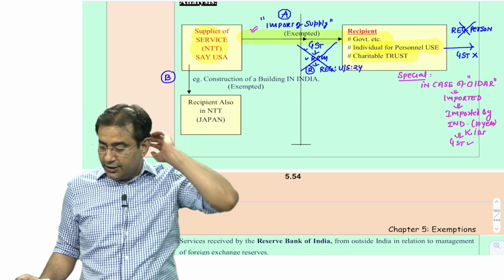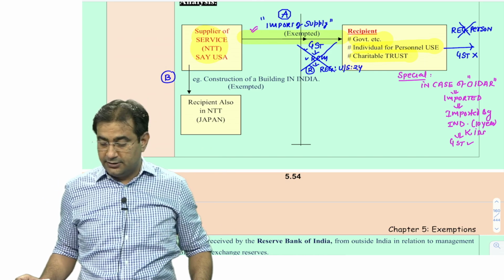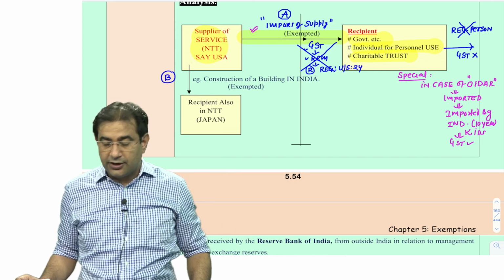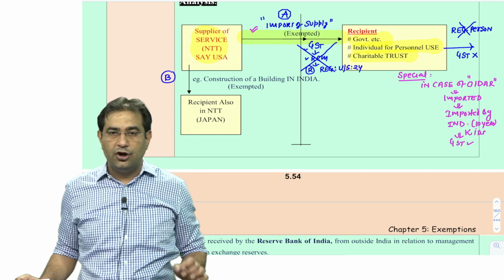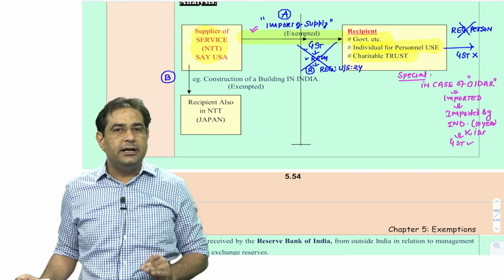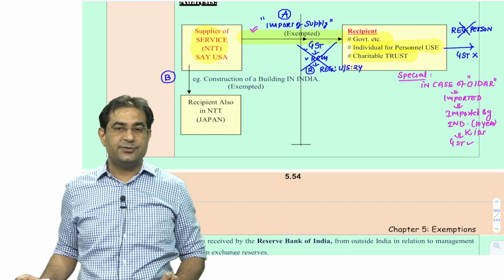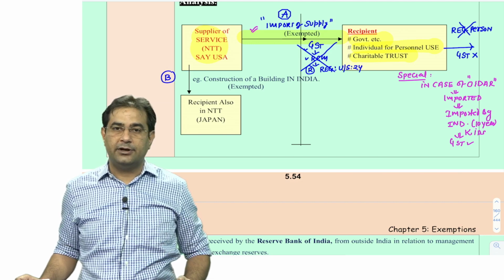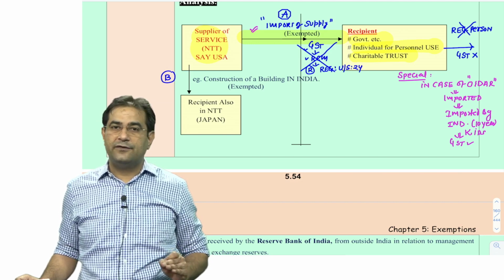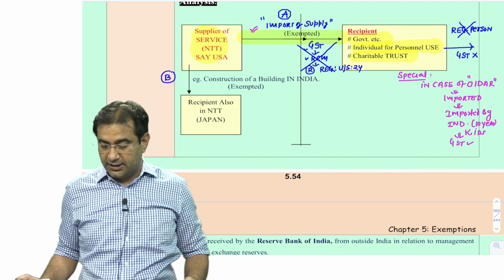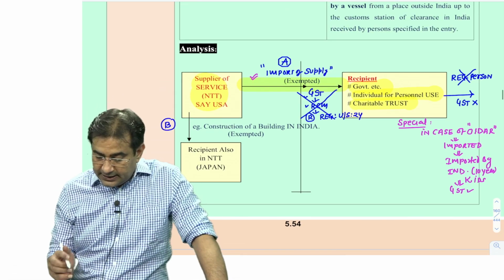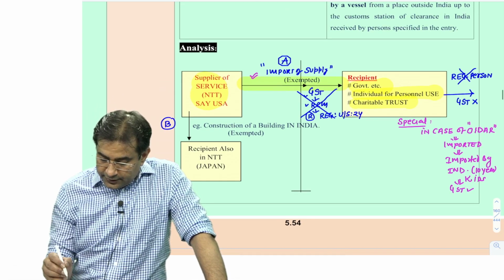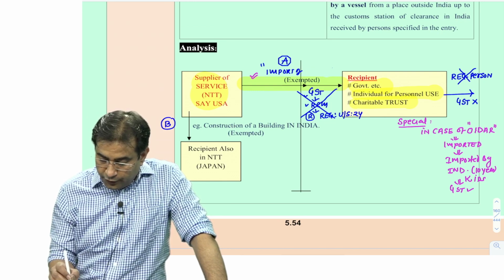So accordingly, the government doesn't want to do like this. That's why the government created an exception to this point and clearly said this exemption would not be applicable if the import of services is OIDAR.